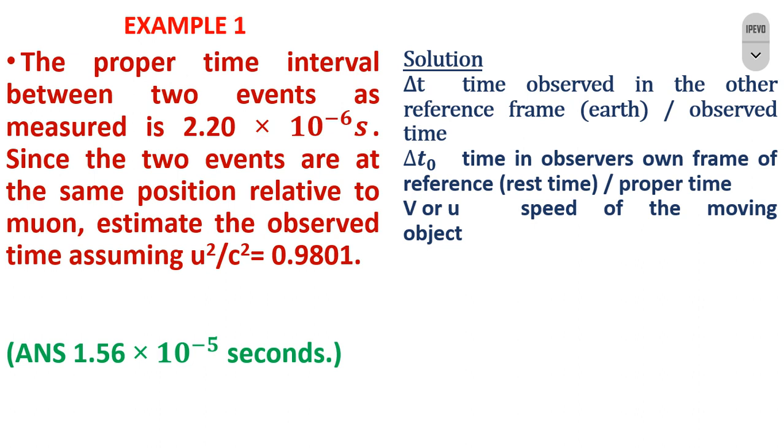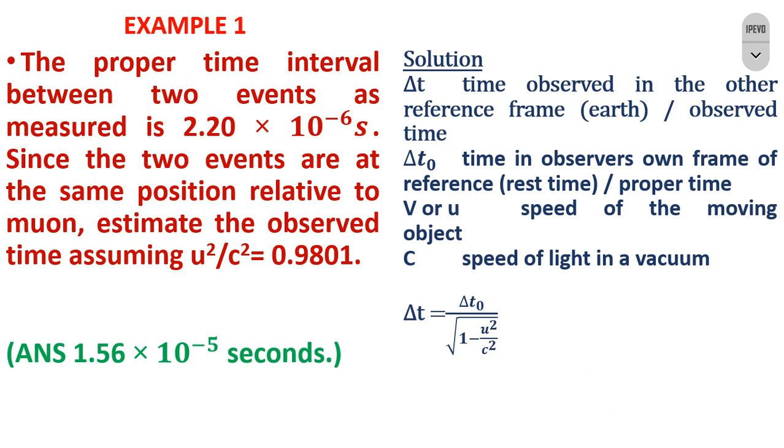U or V, the speed of the moving object. c, the speed of light in a vacuum. When you apply this expression, substitute the values according to this expression, this is what you will see. Now use your calculator and compute this. Check if it will give you the answer we have here.